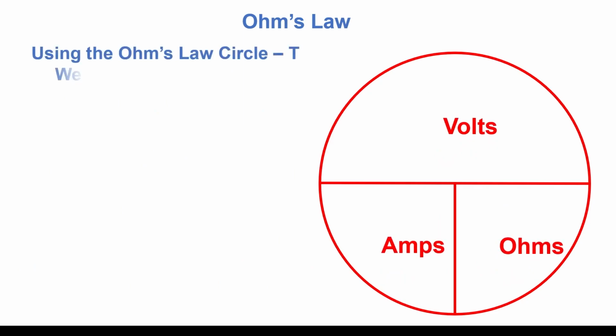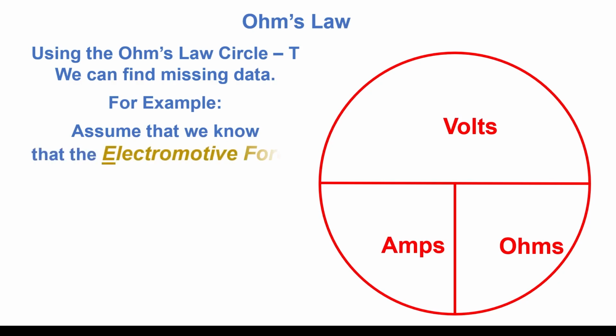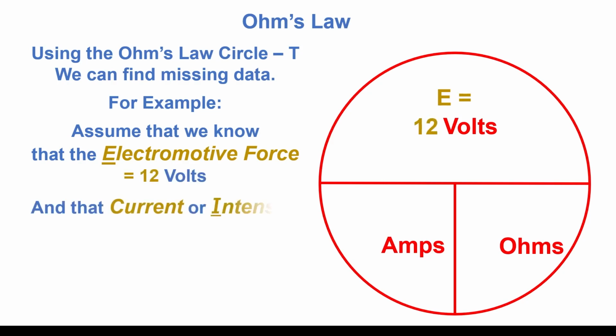And using the circle T, we can find missing data. For example, assume that we know the electromotive force. That's the same thing as volts, if you don't remember. Say it's 12 volts, and we also know the current or intensity. Let's assume that the current is 6 amps.